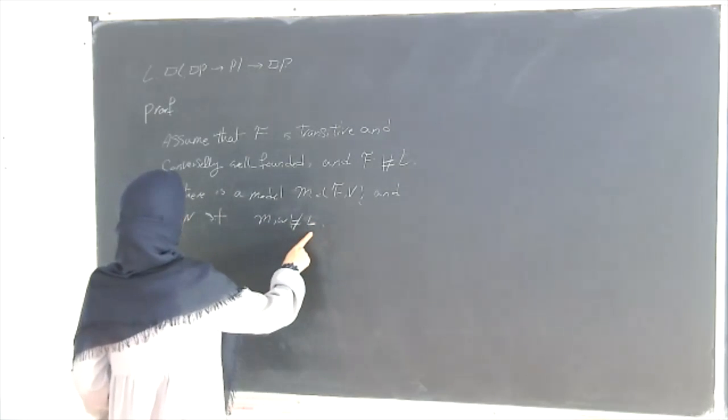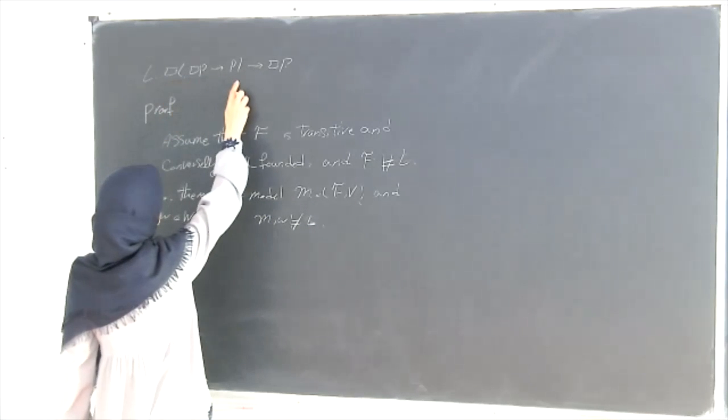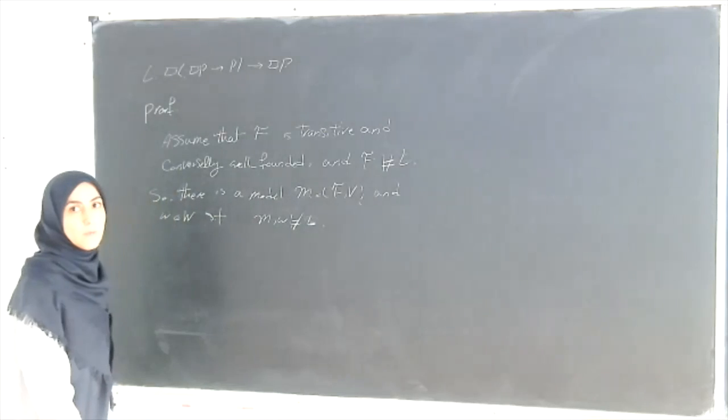When L is not true at some point, it means that the first condition is true, but the second one is false.